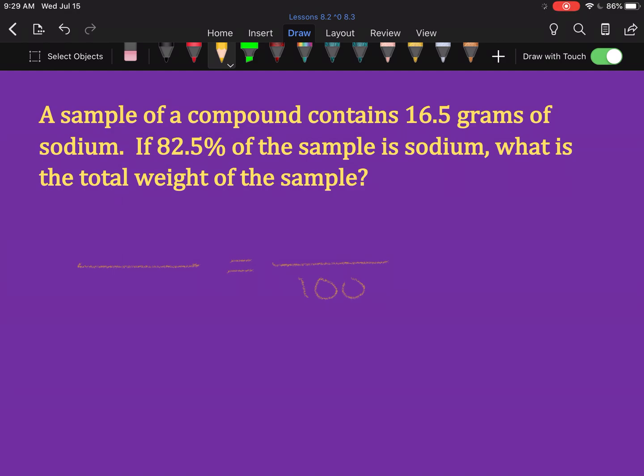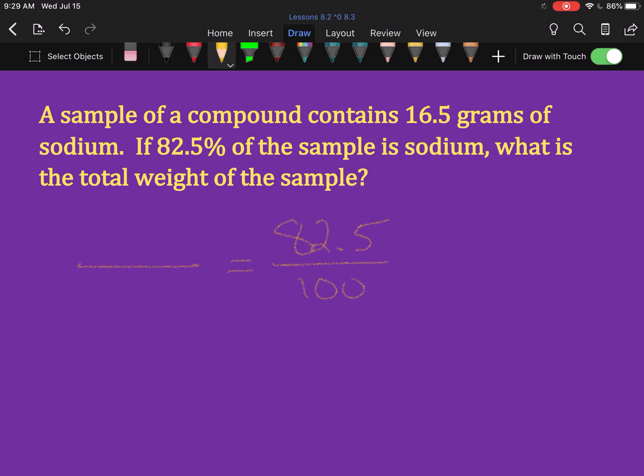By the way, word problems, don't use is and of, because you're going to see the words is and of multiple times. This is part over whole. I don't know if 16.5 grams is the part of the whole yet. If 82.5%, well, as soon as I see a percent symbol, I know that number goes over 100.